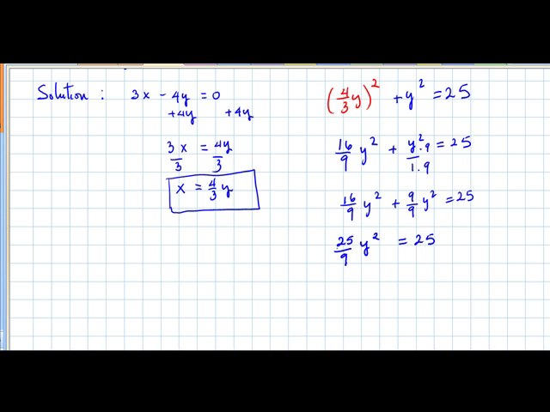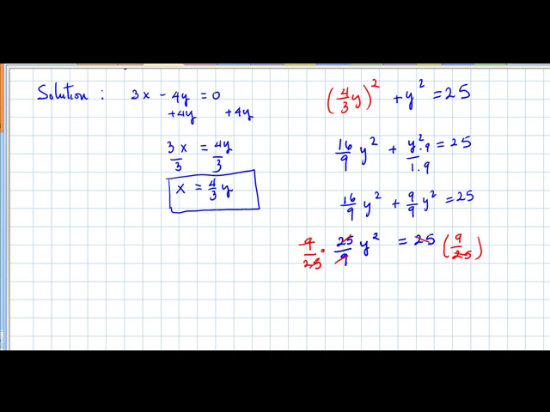Now I'm going to solve for y. To solve for y, I need to cancel out this number in the front. So to do that, I'm going to multiply both sides of the equation by the reciprocal of 25 over 9, which is 9 over 25. So you see the 9 cancels out, the 25 cancels out.